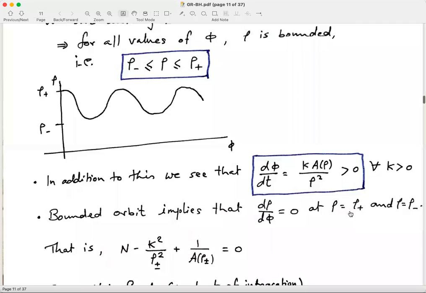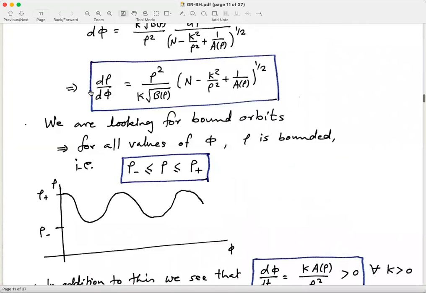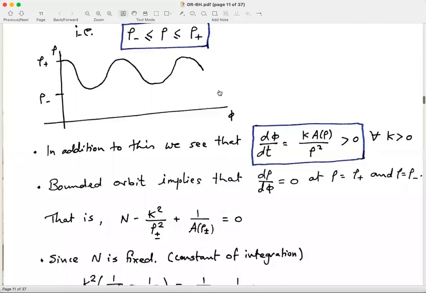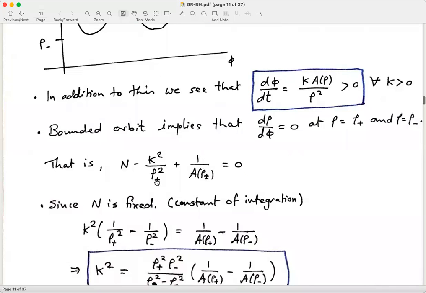All we need to do is go back to this equation and set this quantity to 0 for rho equal to rho plus or rho minus. Nothing special happens with these functions, so we look at this, and we find n minus k squared upon rho plus or minus squared plus 1 over a of rho plus or minus is equal to 0.